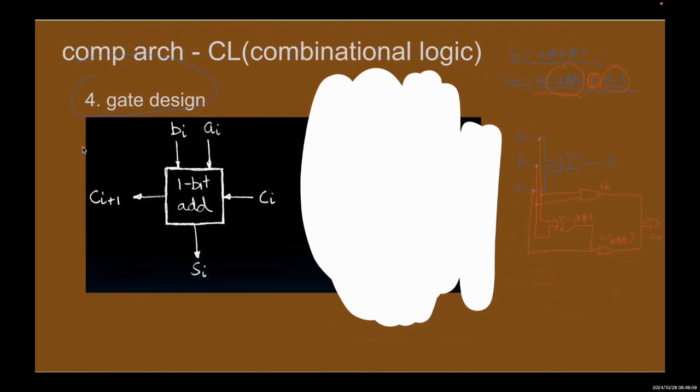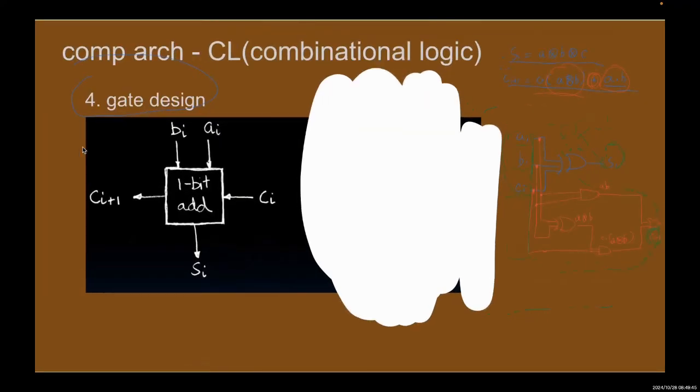Is that clear? Yeah. Okay, so then the final step is we put this as a black box. So there are 3 inputs and 2 outputs. And inside it, it's a lot of gates, right? And we can get the output from the input.